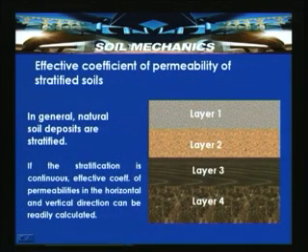If you look at this particular figure, 4 layers of soils have been shown. Layer 1 is a sand of certain type, layer 2 is sand of another type, layer 3 is clay, and layer 4 is also another type of clay.